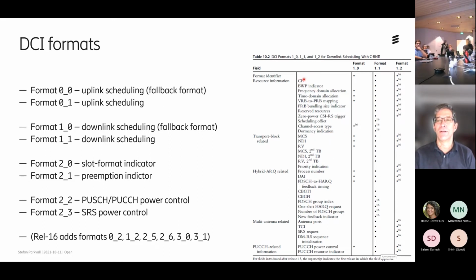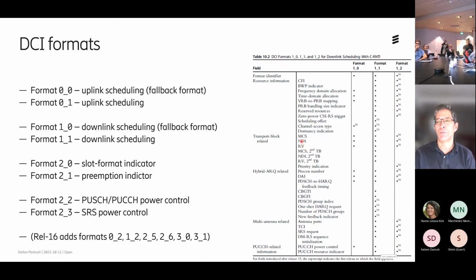So this is the carrier indicator. If you do carrier aggregation, you need to tell the UE which carrier it is scheduled upon. Which bandwidth part is it scheduled upon if you want to switch it. Where in the frequency domain is it scheduled? Where in the time domain? There's some mapping things you need to put out there. Modulation scheme.